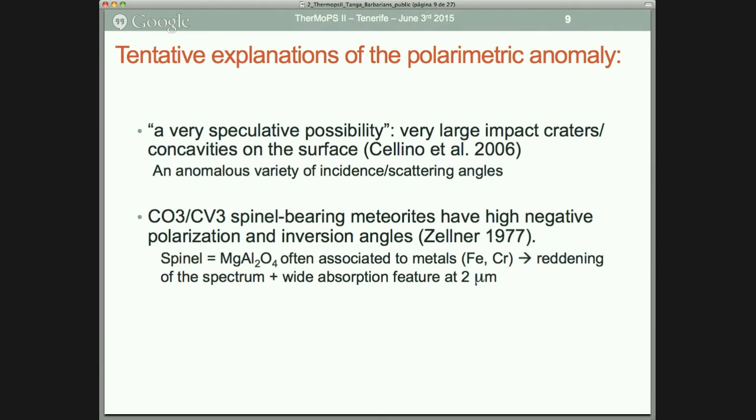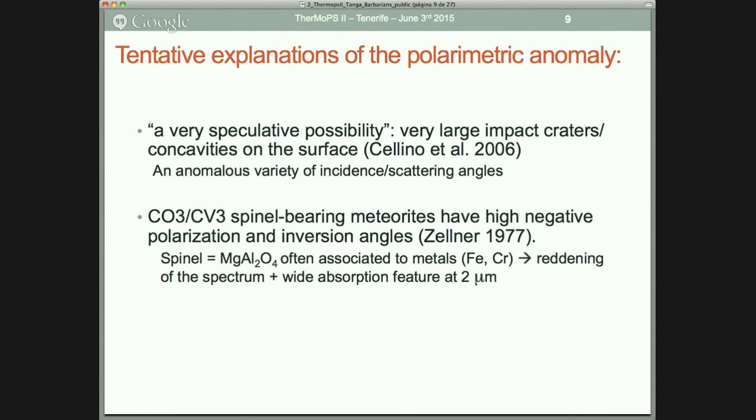For non-meteorite experts, I recall this is basically the Allende meteorite, which is a very famous example. So this is spinel. There are different varieties associated to metals that can go into the chemical formula here.